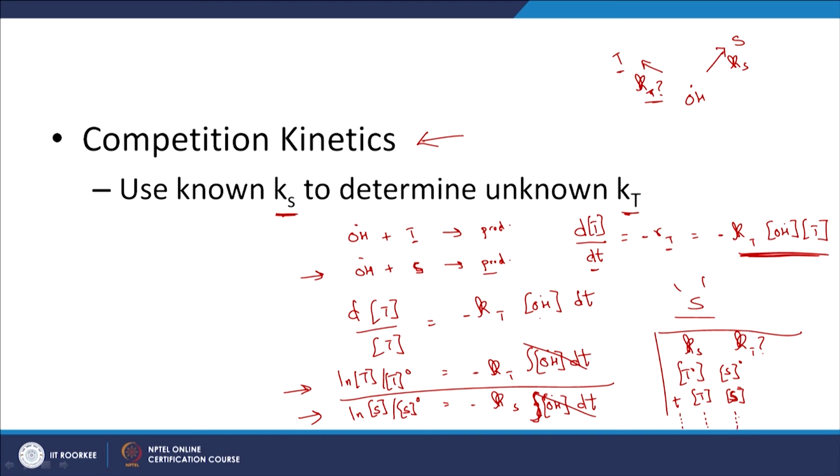So with this equation, I can conduct regression and get the value of K_T which gives the minimum sum of squared errors, and that would be my K_T. So when you have competition kinetics and you know the rate constant of a particular set of reactions, you can use that to build upon the model and calculate your unknown rate constant.